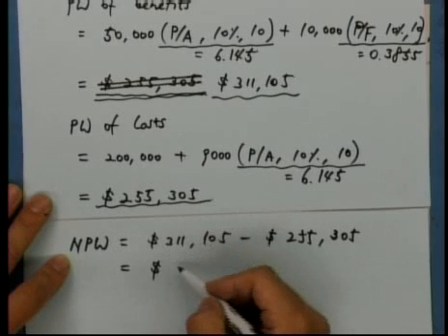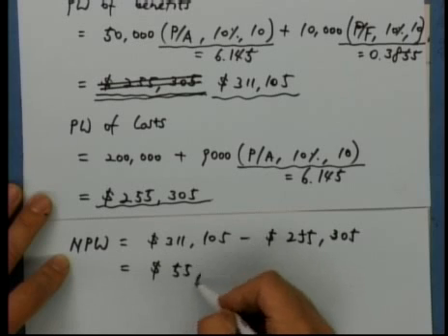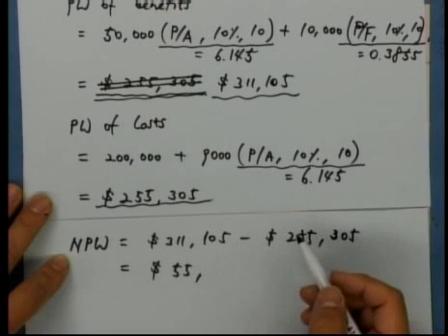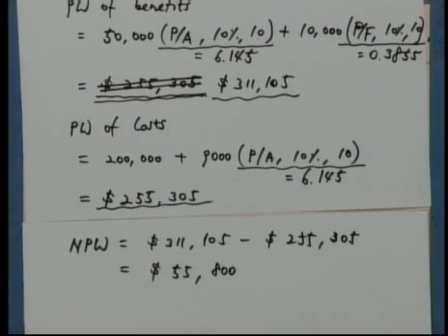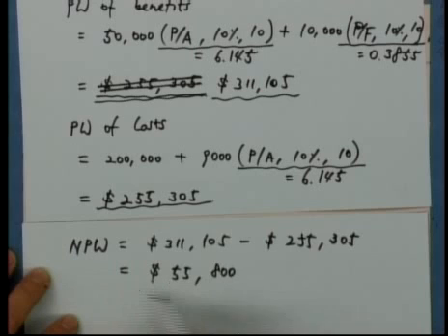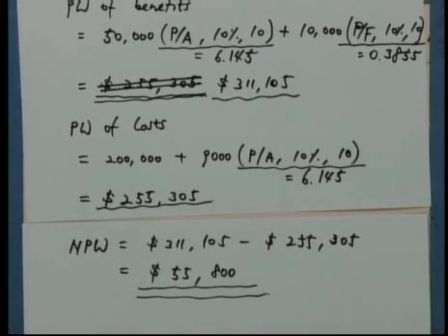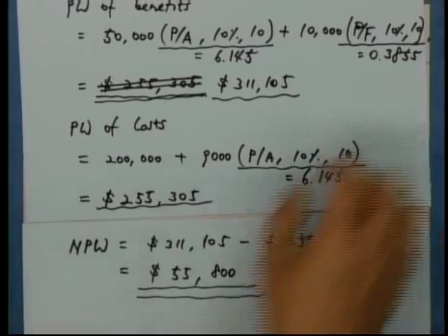From my previous calculation, this is going to be $55,800. Okay? And because the net present worth is positive, this process should be automated. Okay?